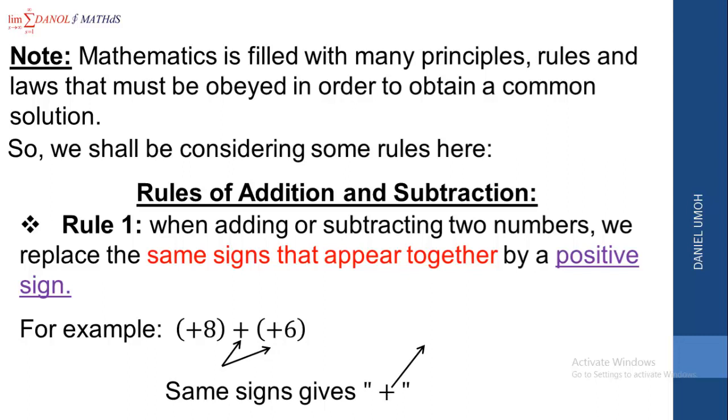These same signs will give us a positive sign because whenever we are adding or subtracting two numbers, we replace the same signs that appear together by a positive sign. And we now have, of course, +8 means 8. Then the +6 now is 6. So we can now say that means 8 + 6, which gives us 14. Take note of that. That is simple. But let's look at another example.